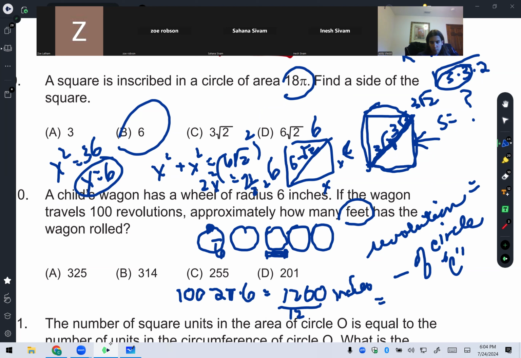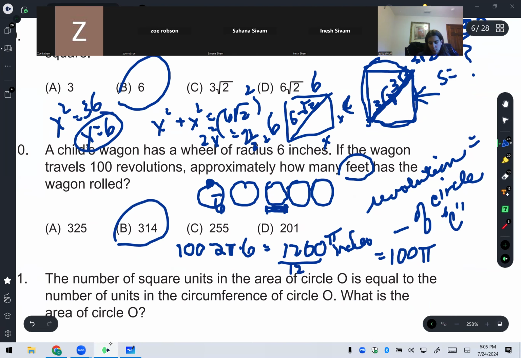So that's 100 pi, and usually you don't have to know what pi is, but here it would be 314. I'm taking you into a treasure hunt of circle problems.